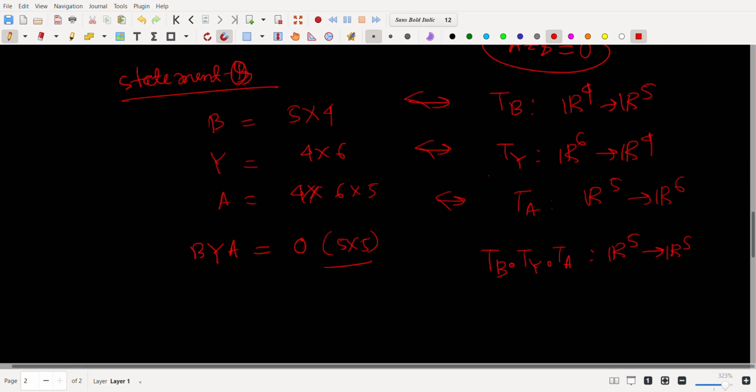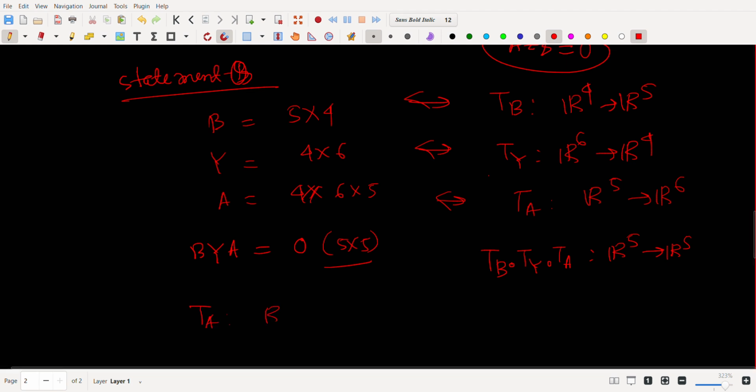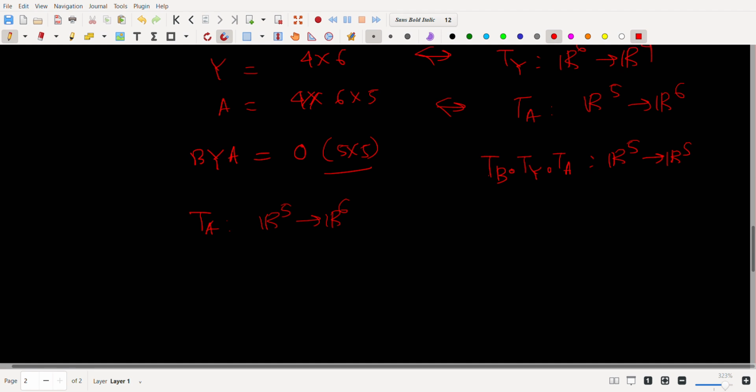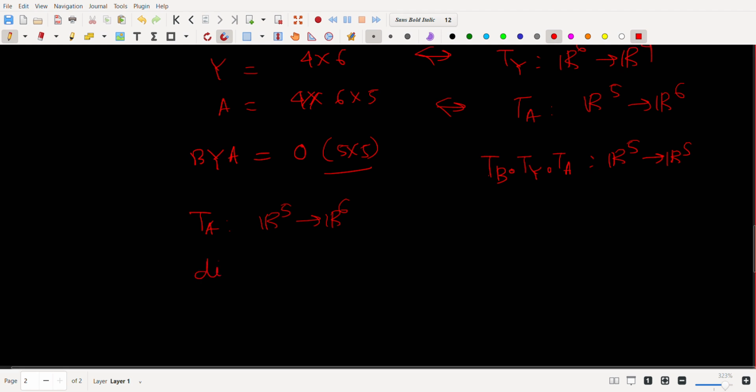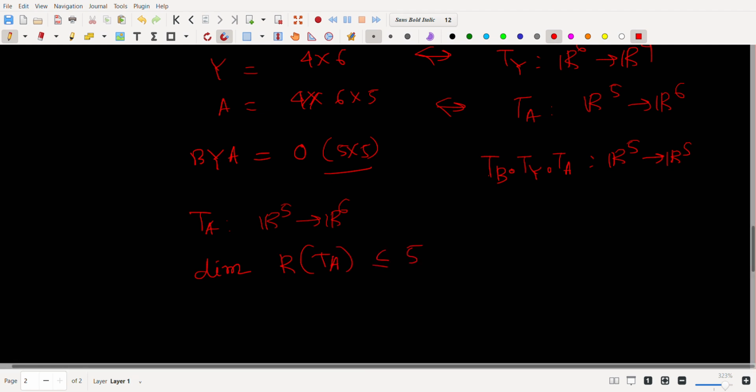Now do the same thing. You know A is a 6 cross 5 matrix, right? So that means TA is defined from R5 to R6. That means the dimension of the range of TA is less than or equal to 5. Here the codomain is 6 dimensional.